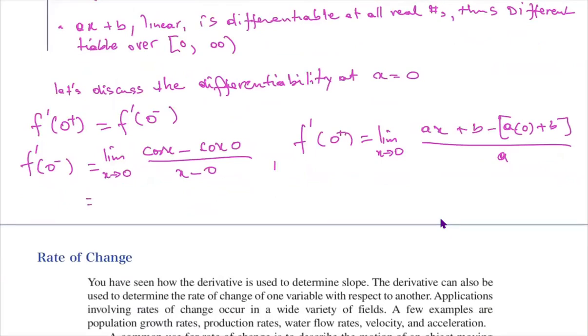So basically, that's the limit as x approaches 0 of cosine x minus 1, cosine 0 is 1, over x, which is 0, the special limit.